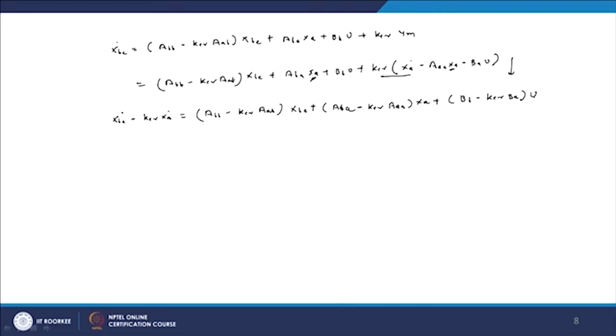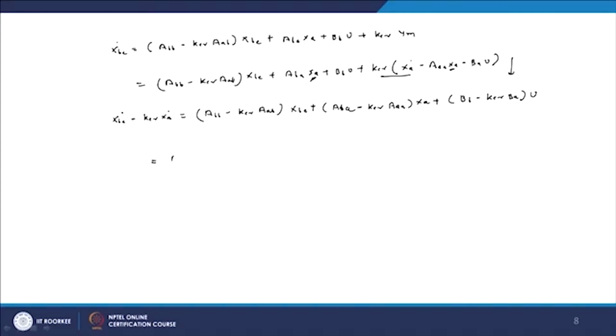Now, again this equation needs to be simplified. So, here we can write ABB minus KER into AB. Now what we write, we have the state equation in terms of XBE dot minus KER into XA dot. Therefore, in the output we have to represent the equation in terms of XB minus KER into XA.